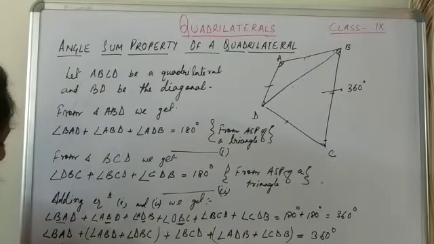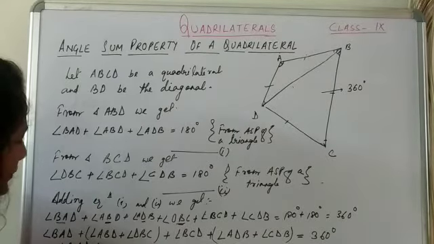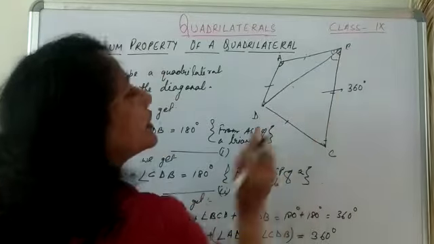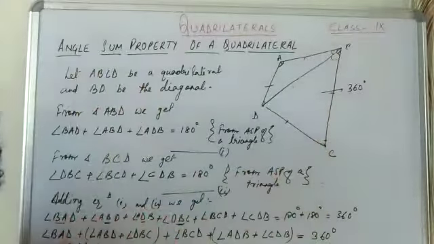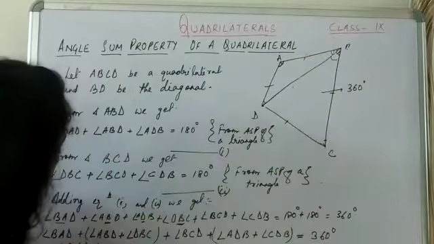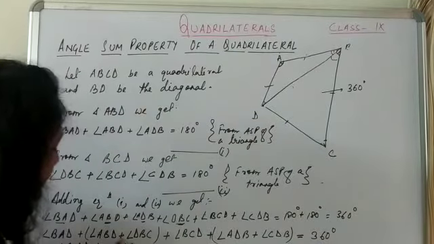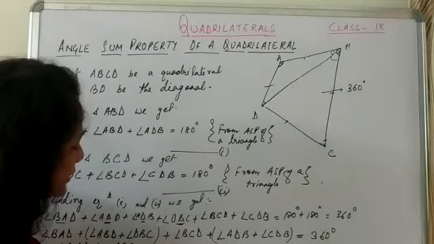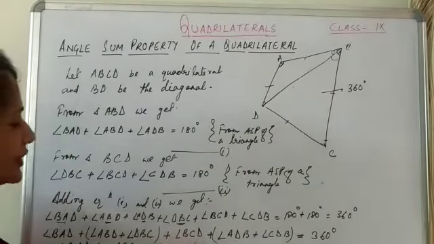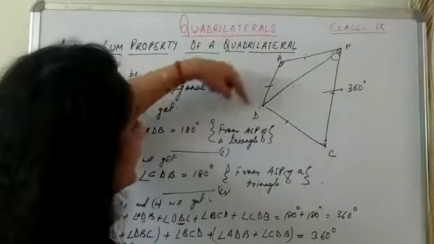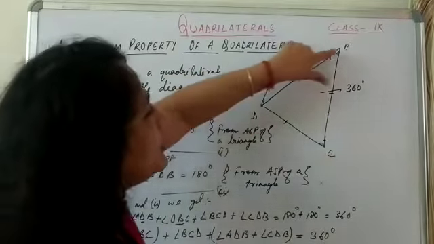Finally, we are getting angle BAD plus ABD plus DBC. ABD plus DBC, that means this plus this is the whole, which we can get from the figure itself. So this whole angle is ABC. So we can write ABC instead of these 2. Now angle BCD, whatever is there, I am writing the same here. Again ADB plus CDB. What is ADB plus CDB?